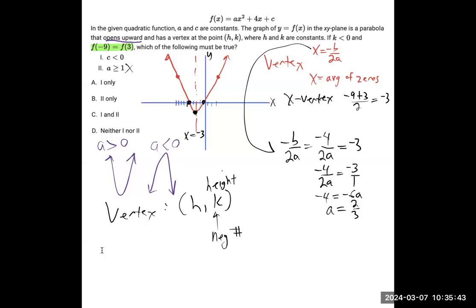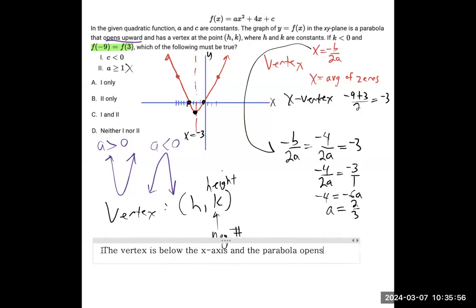So let's type that out. If the vertex is below the x-axis and the parabola is opening upward, put this all together to say there must be two x-intercepts, otherwise known as solutions.